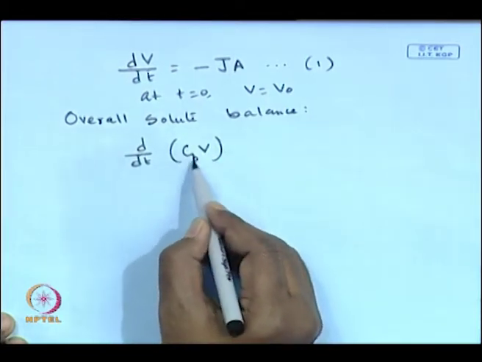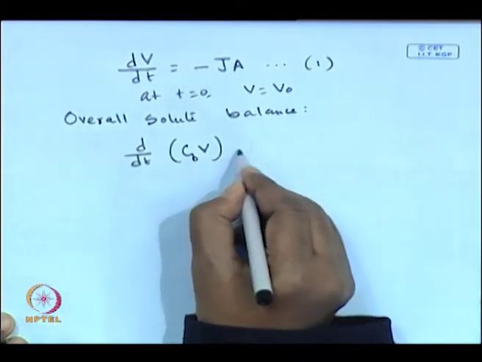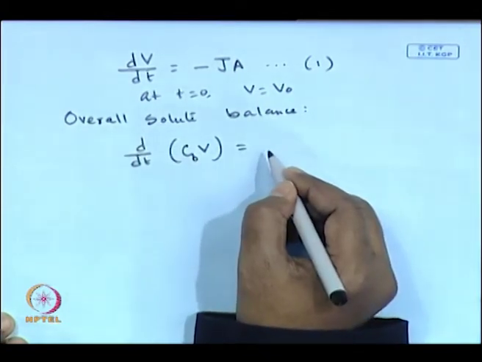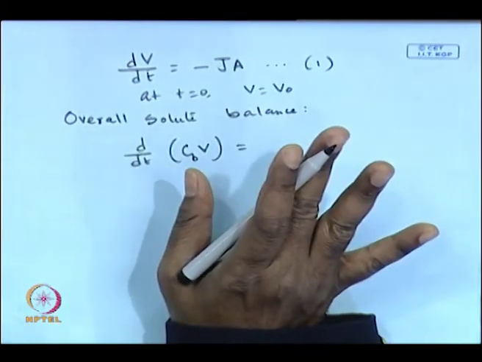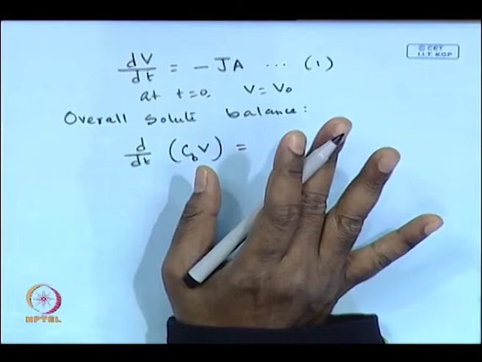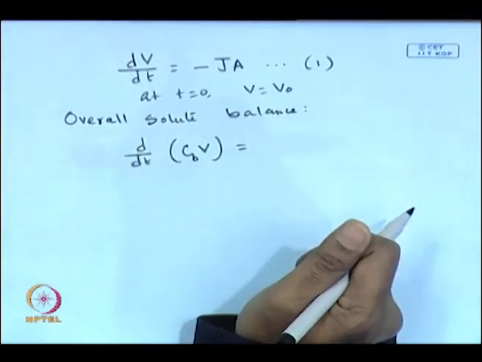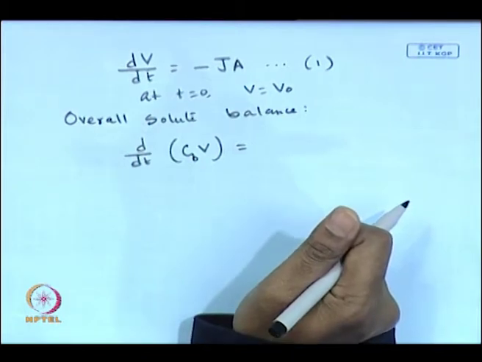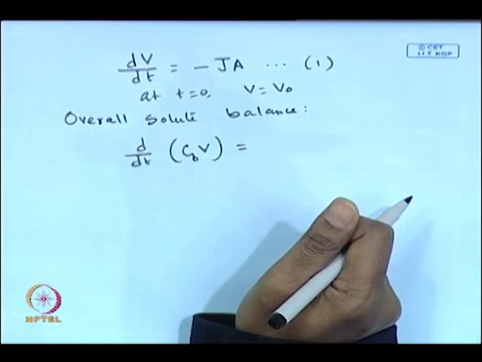So, this is the amount of the particular solute present in the system, is equal to, there is nothing going into the system, minus nothing going out of the system, because since it is gel layer controlled filtration, the permeate concentration will be equal to 0. So, there is no solute going in the permeate stream. So, Cp will be equal to 0, right.